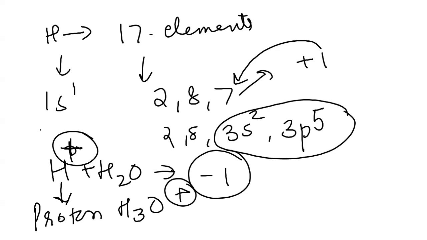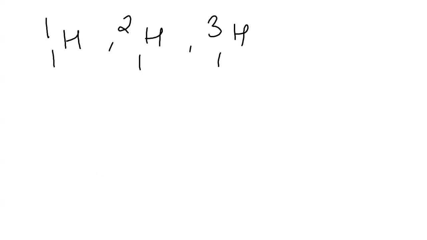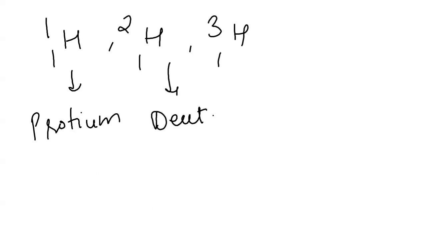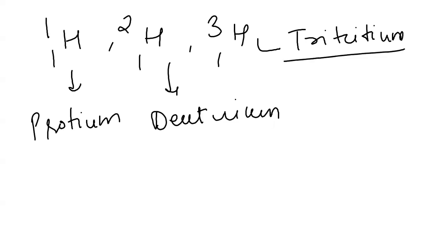Now, isotopes of hydrogen: there are three isotopes of hydrogen. Isotopes are atoms of the same element but having different mass numbers. So protium, deuterium, and tritium. They all contain one proton, but they have different numbers of neutrons.